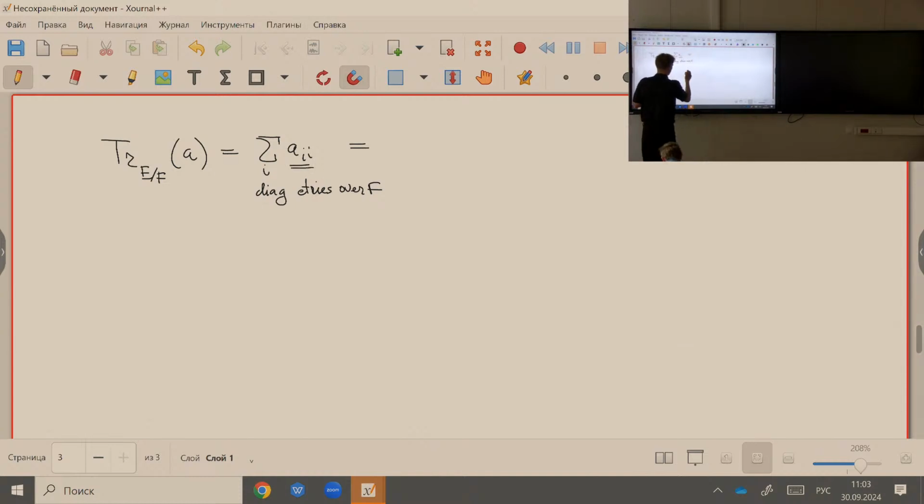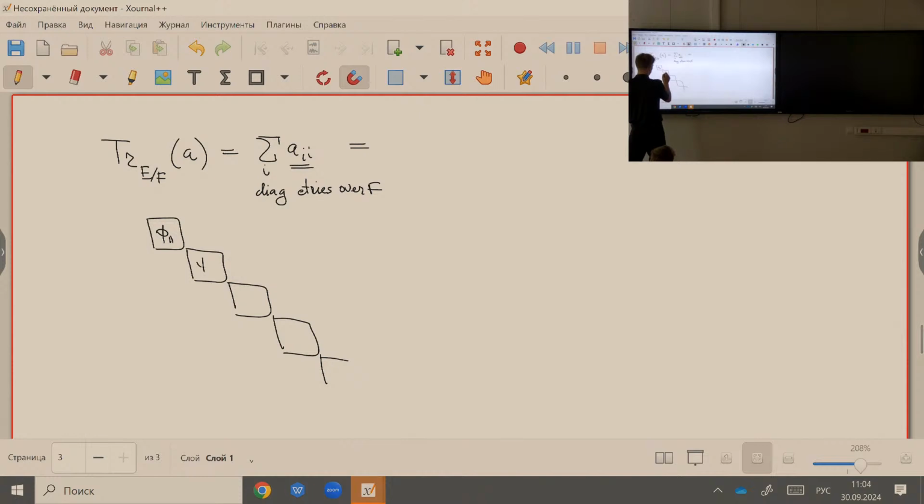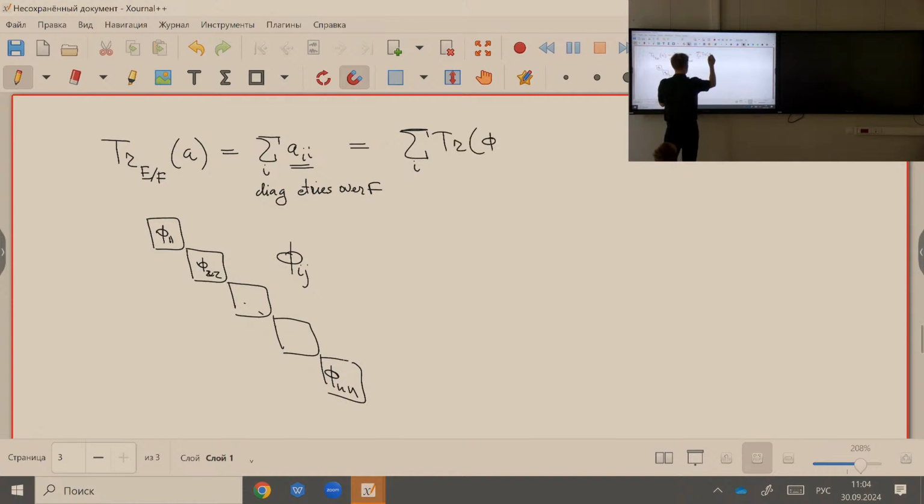Precisely, if you think of blockwise matrices, you have blocks F_11, F_22, and so on up to F_nn, and here you have F_ij. But when you calculate the trace, you need only the diagonal blocks. And so the sum of diagonal elements over F is just the sum over i of the traces of F_ii.